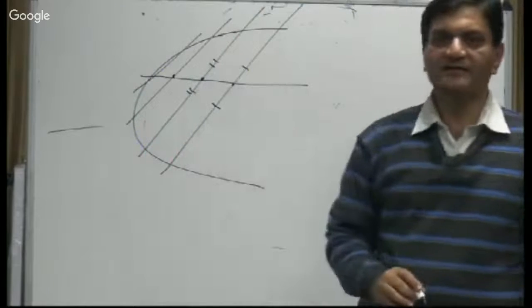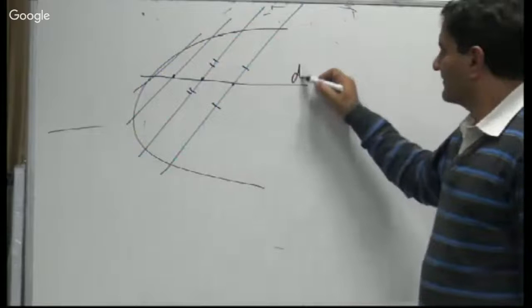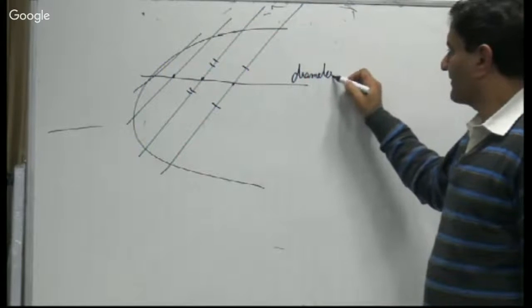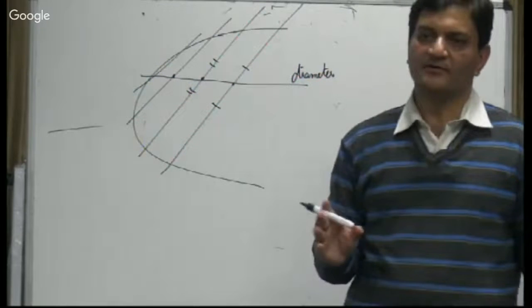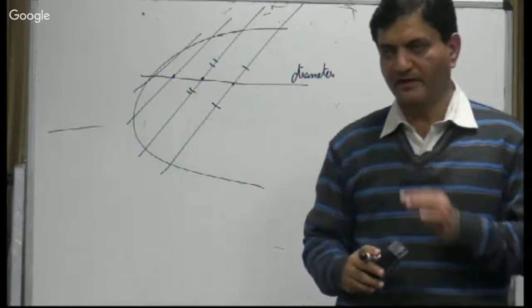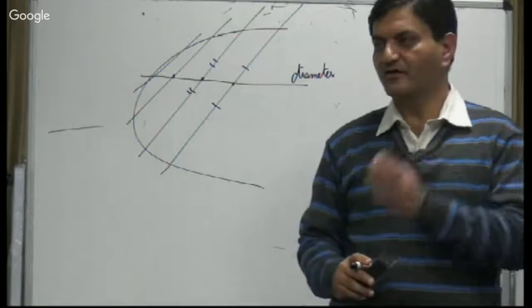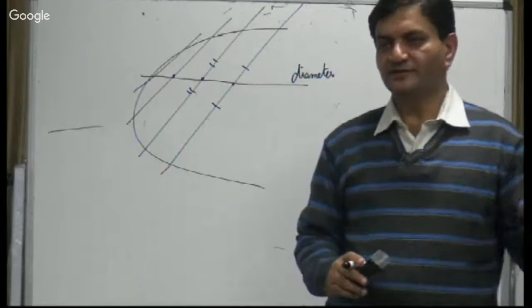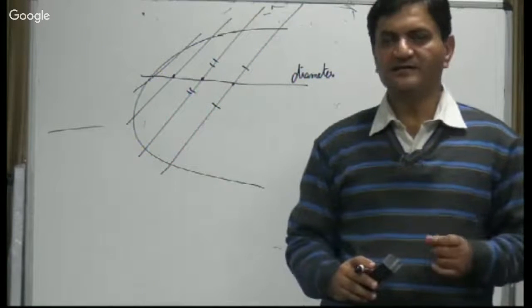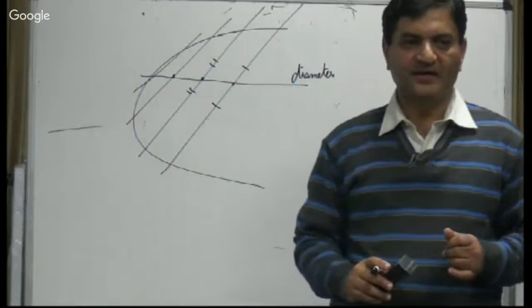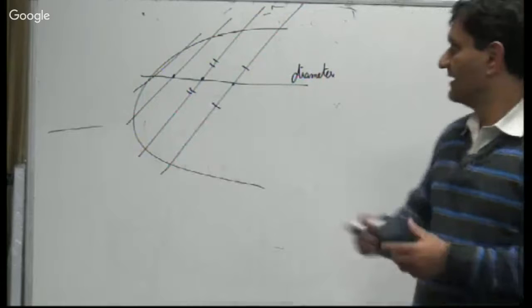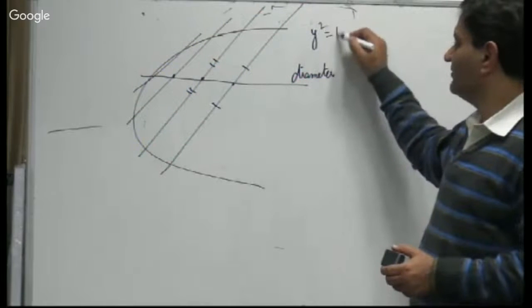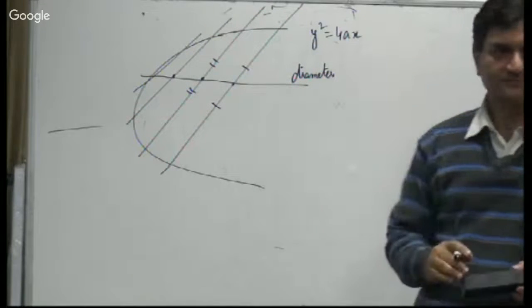So what is diameter? It is the locus of midpoints of the parallel chords to a parabola. You draw any parabola, draw parallel chords, you find their midpoints and join them. That line is known as diameter. And diameter will always be parallel to x-axis in case of y square equal to 4ax.